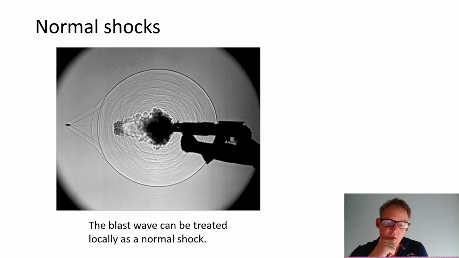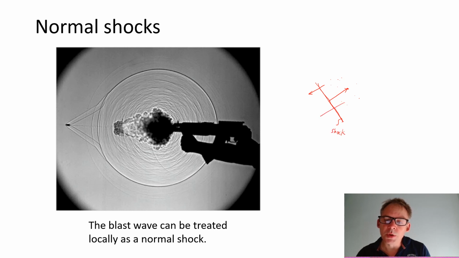Now, normal shocks are quite interesting in the sense that they're quite a special case, and they are the case where we have a flow structure which is moving forward in time, and relative to that, obviously, if we have fluid particles in this vicinity, then they move relative to the surface, the shock, which we'll discuss in a bit more detail.